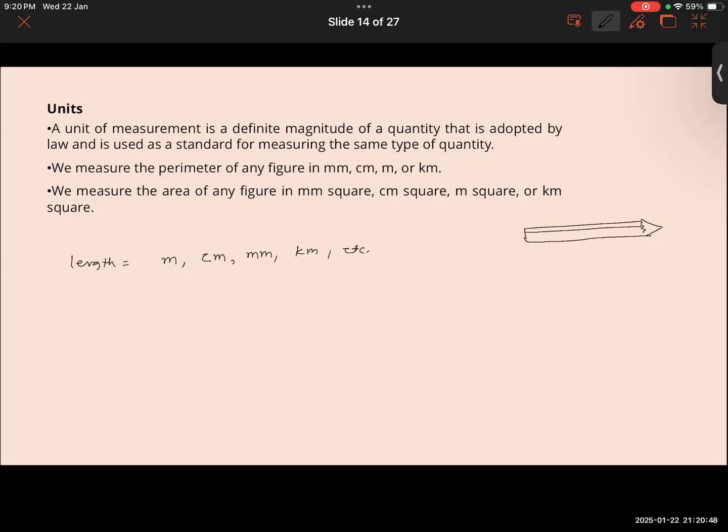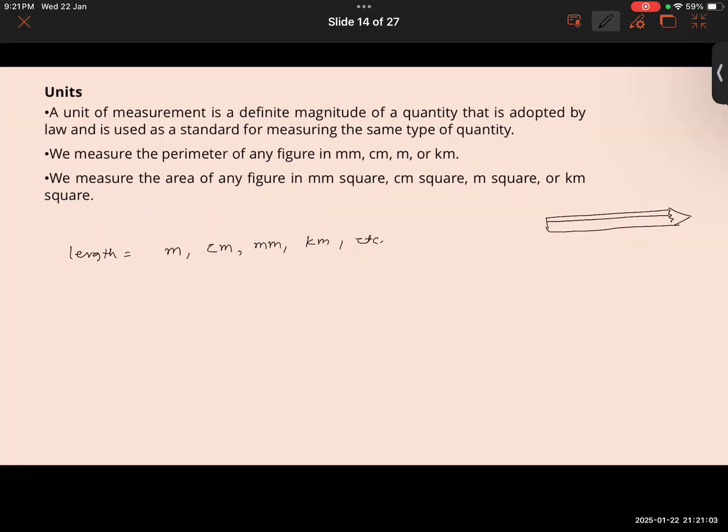Similarly, for example, you have to measure the mass of something.